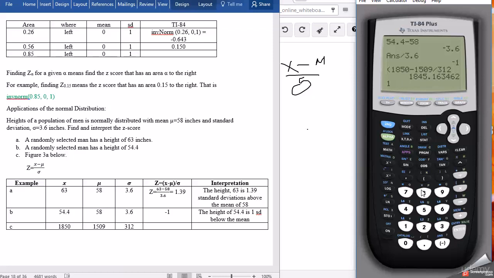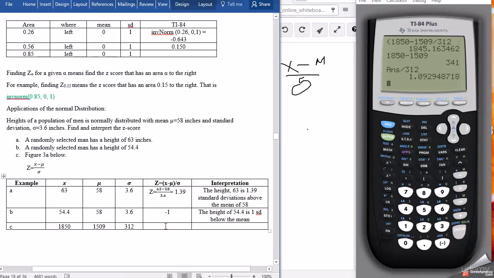So 1850 minus 1509, let's enter, divided by 312. So that's what I have, 1.09. Okay, 1.09. So what it means is that this number 1850 is 1.09 standard deviations above the mean of 1509.